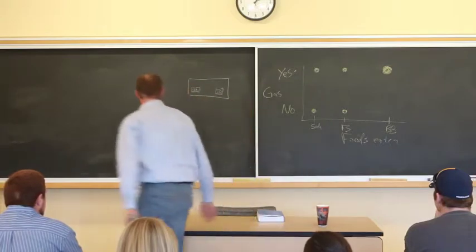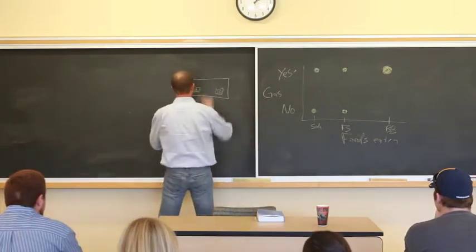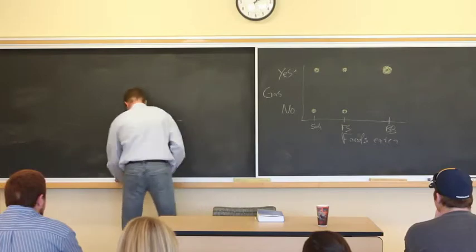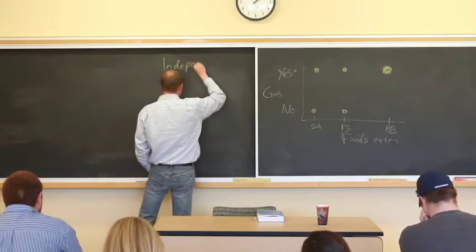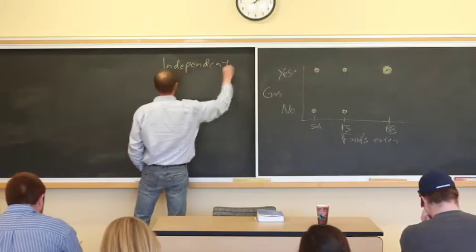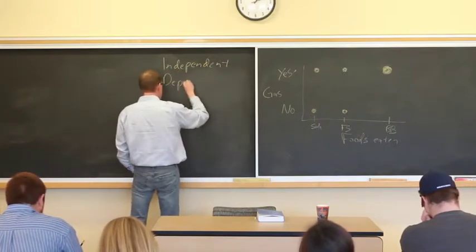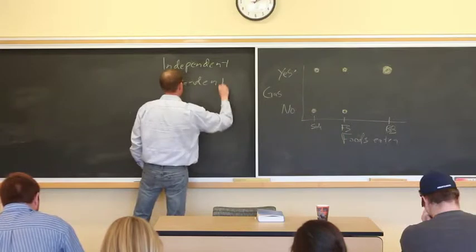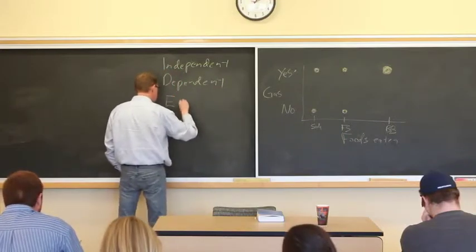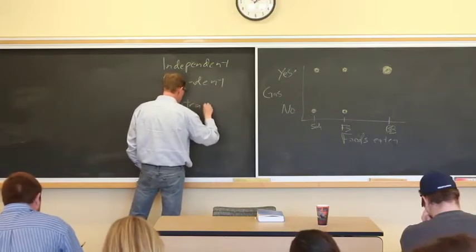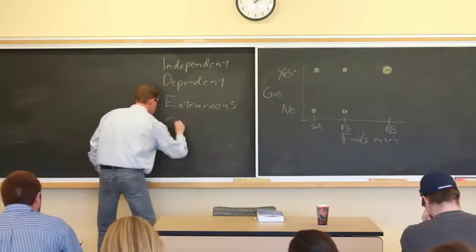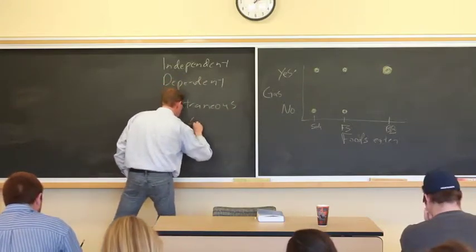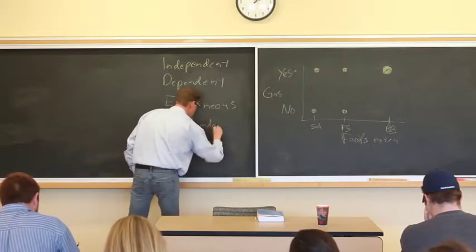So, the variable types I want to talk about are independent, dependent, extraneous, and confounded, or confounding.